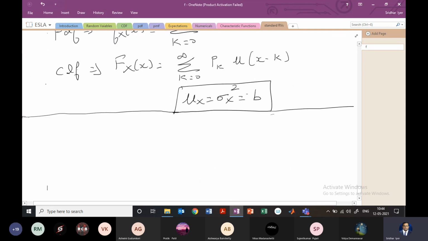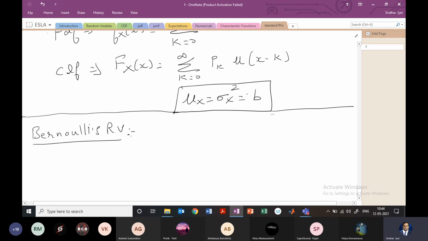So this is one of the important discrete random variables, the Poisson random variable. There are many others as I've specified, but we'll restrict ourselves to this. The second one is known as the Bernoulli random variable. I hope you've heard this name, Bernoulli.